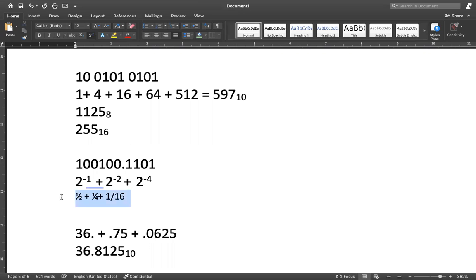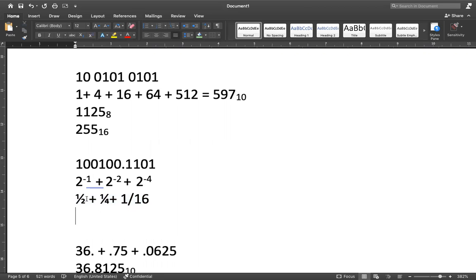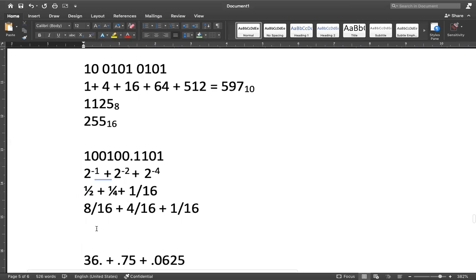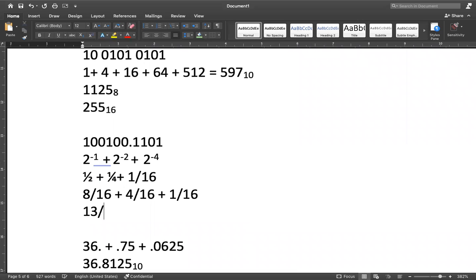Altogether, let's put all into 16. 1 divided by 2 is 8 divided by 16, same base. Then here you have 4 divided by 16, and here you have 1 divided by 16. So altogether you will get 8 plus 4, 12, 13. 13 divided by 16.